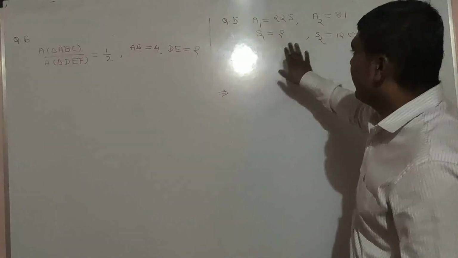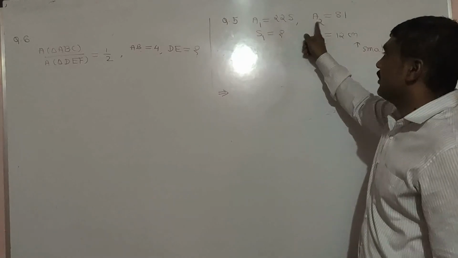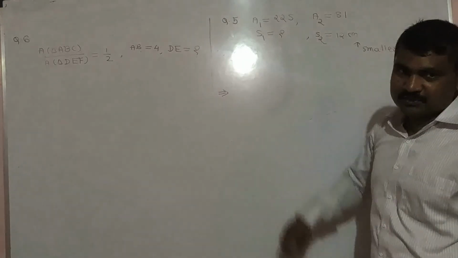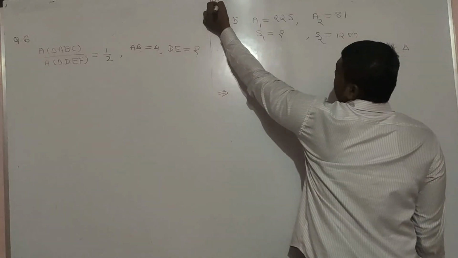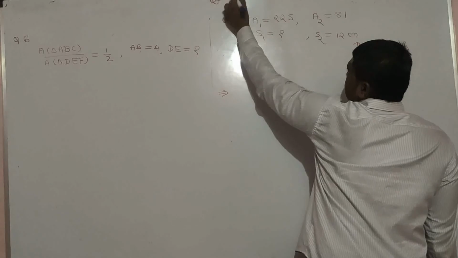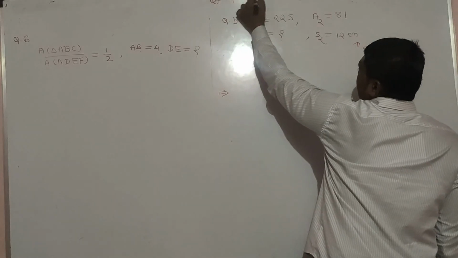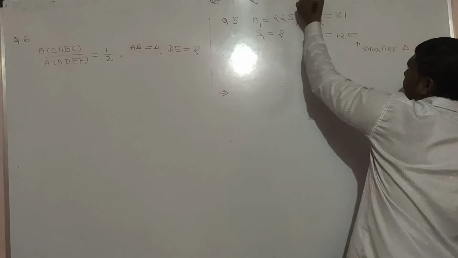Okay, so I have written this now. That's why first we have to write what is A1, A2, S1, S2. We need to write it first, before the question. So I am writing here: let A1 and A2 be areas of.